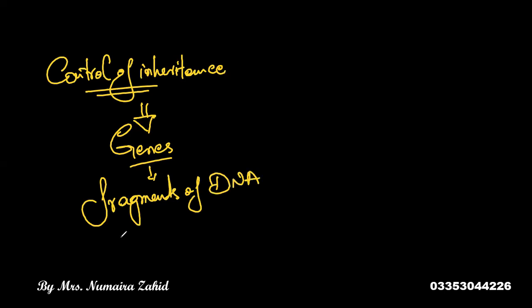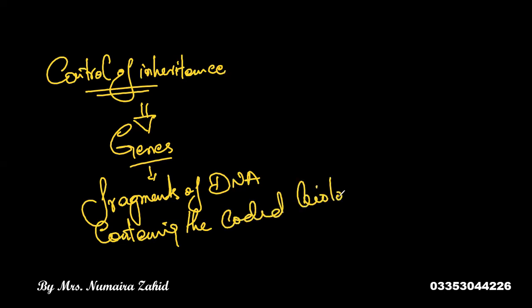As we know, the life of every organism, every character of the structure, function, behavior at all levels of biological organization is programmed and controlled by a set of instructions. These instructions are in the form of coded biological information, which are called genes. So genes are actually the fragments of DNA, containing the coded biological information.